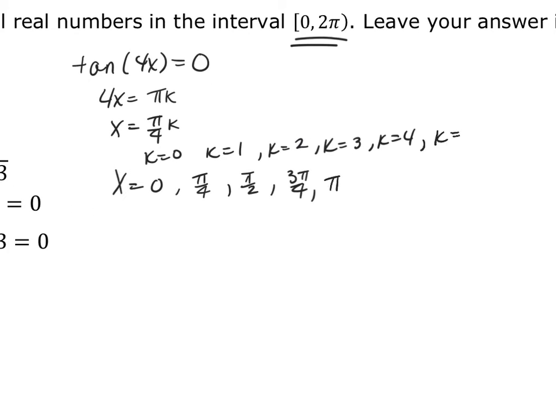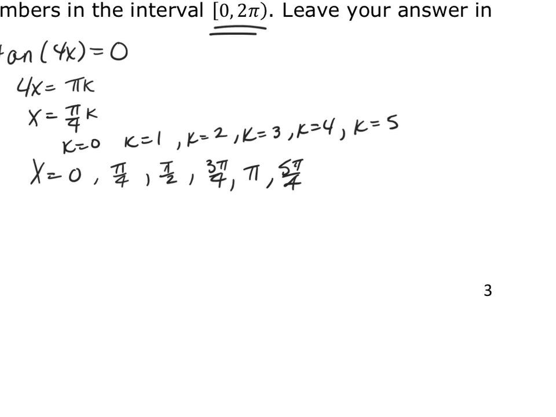When k equals 5, I get 5 pi over 4. Oh man, this is so much fun. When k equals 6, I get 6 pi over 4, which is 3 pi over 2. When k equals 7, I finally get to stop, 7 pi over 4.